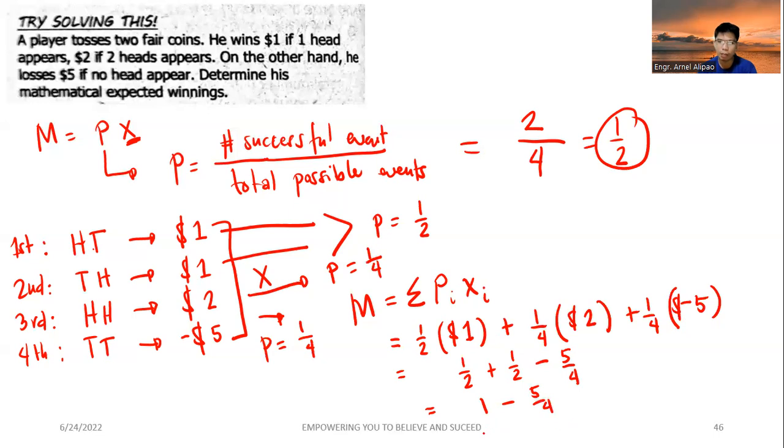Simplifying further, this can be written as 4/4 minus 5/4, which is 4 minus 5, that's -1/4. So it's -$0.25. So meaning, in the long run of the play, the player will lose $0.25. So it's not wise for him to play.